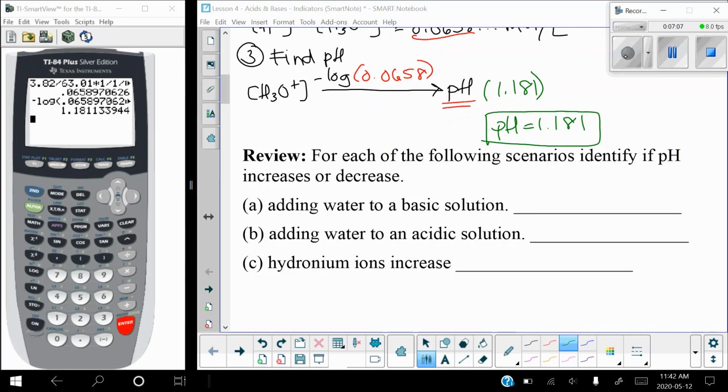Awesome. Okay, moving on. The second review question says, for each of the following scenarios, identify if pH will increase or decrease. So if we're adding water to a basic solution, we know that water is neutral. So if you're adding water in a basic solution, it's going to actually approach neutral. So that's going to decrease our pH.